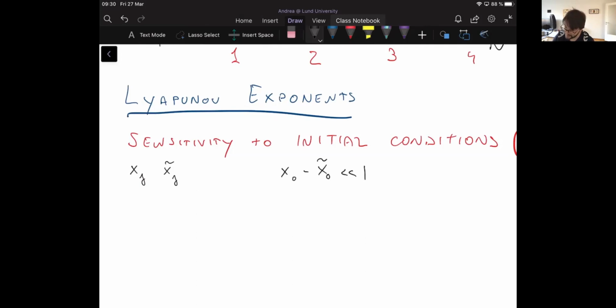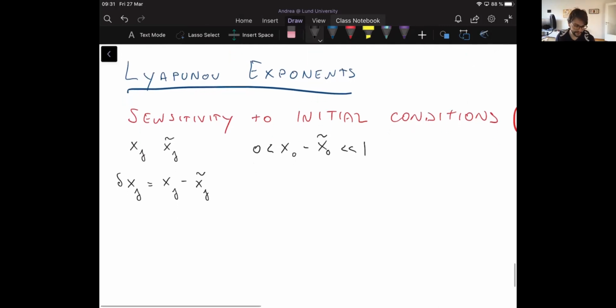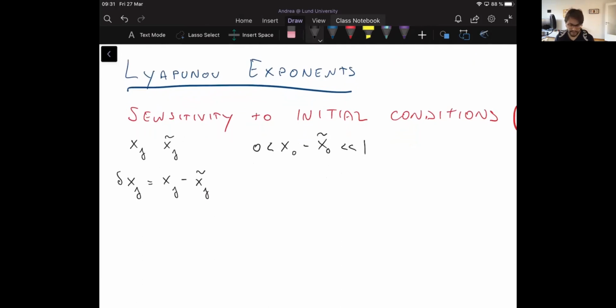However, it's also strictly greater than 0, of course. So there are 2 different points that can be infinitesimally close, but still they are 2 different starting points. How will the solutions diverge? So I define delta x of j as the difference between x0 and x0 tilde. I can consider the absolute value or not, but this does not matter that much.